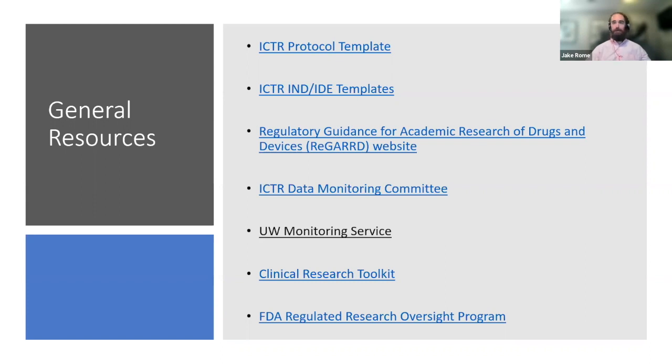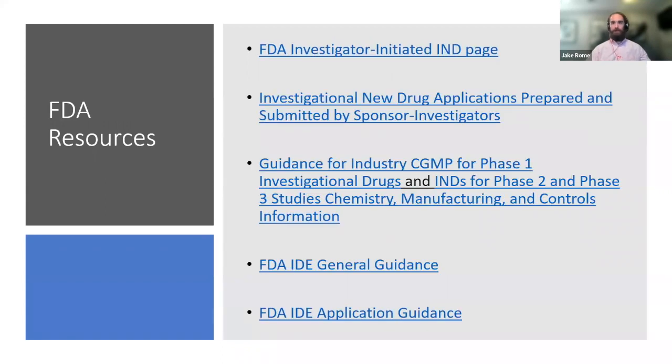There's the data monitoring committee, if you need someone to review your results for safety. If you need a study monitor, the centralized monitoring service has a study monitor available that you can hire. ICTR has a clinical research toolkit that includes SOPs and CRF examples that are highly useful. And then the FDA also has a number of resources available.